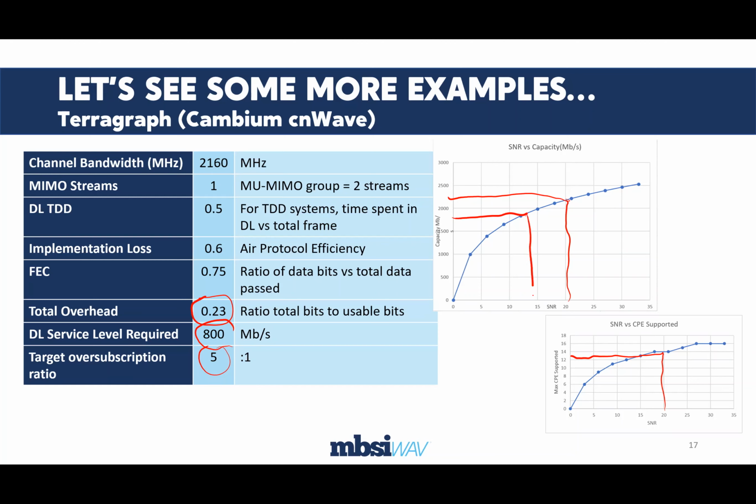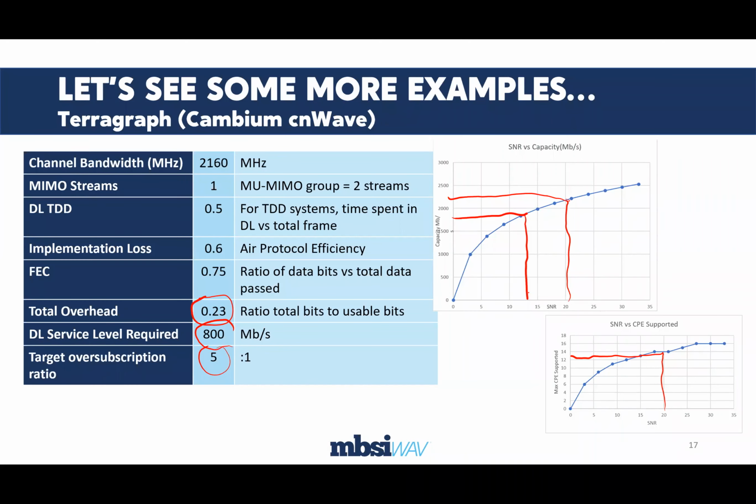So we're expecting that the actual average SNR is going to be somewhere around 10 or 14 or 15 dB. Let me make that line straighter. And that's the performance that we're going to expect out of that particular network. If I bond two channels together, of course, I'm going to double that.